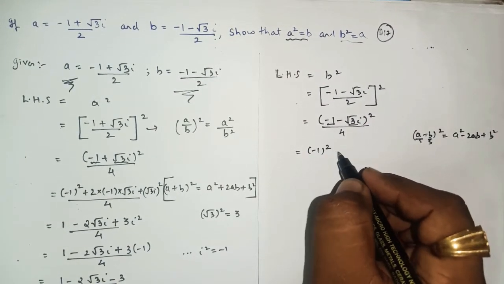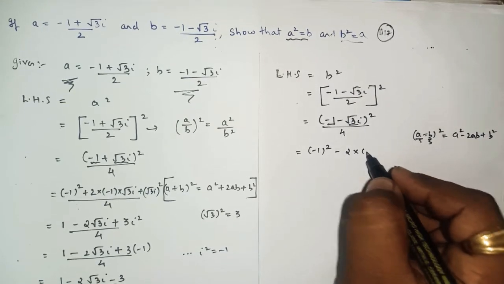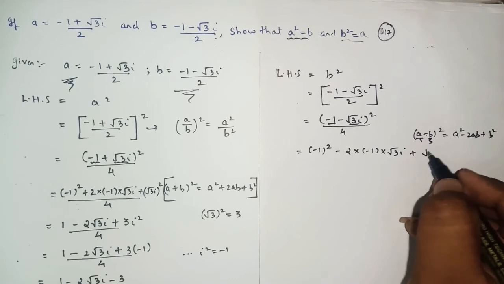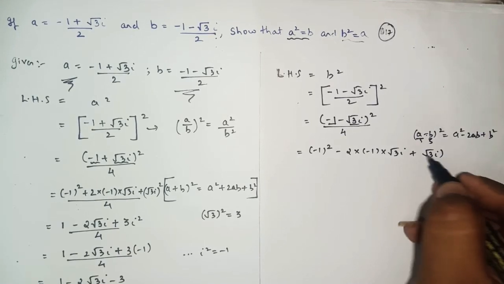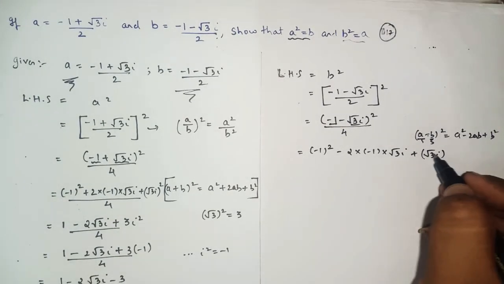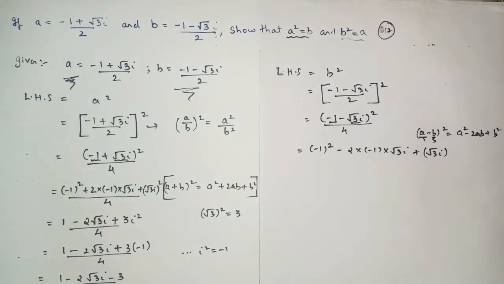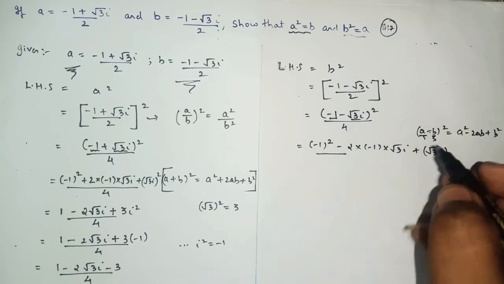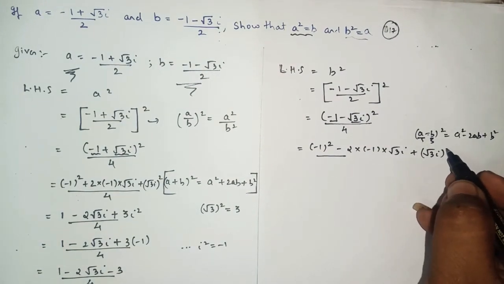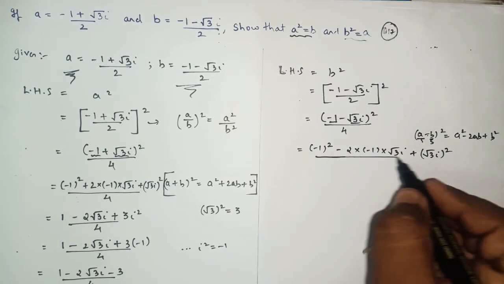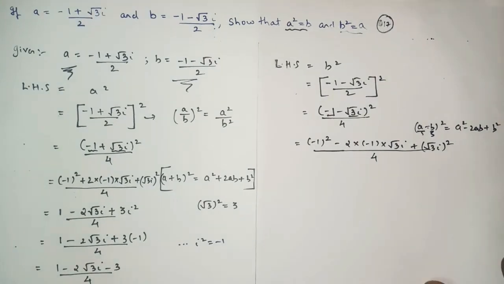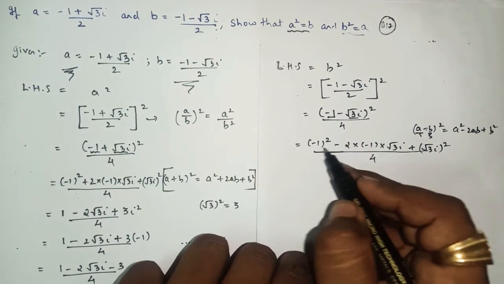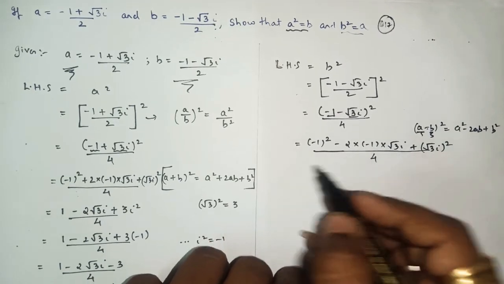So here we can write this as a square minus 2ab plus b square, root 3i the whole square upon 4. So clearly we can see that it looks like a minus b the whole square, a square minus 2ab plus b square.